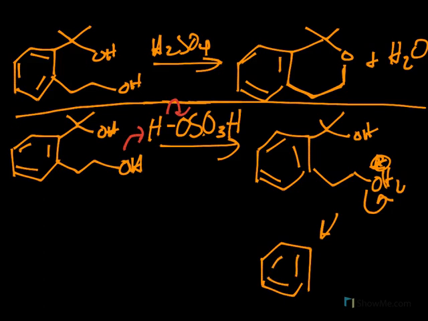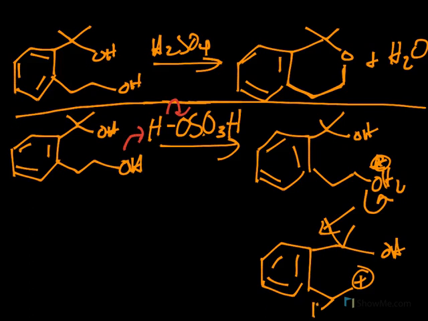Let me go ahead and erase this and make some space. Okay, so we get that, and we form a primary carbocation, right? It's our primary carbocation. However, we can have a hydride shift.